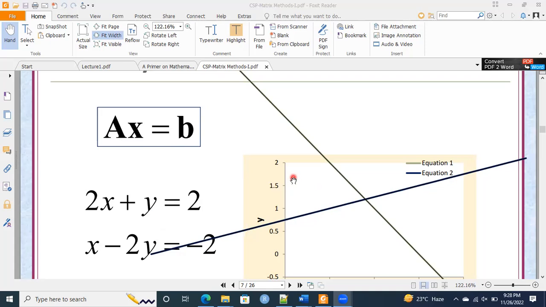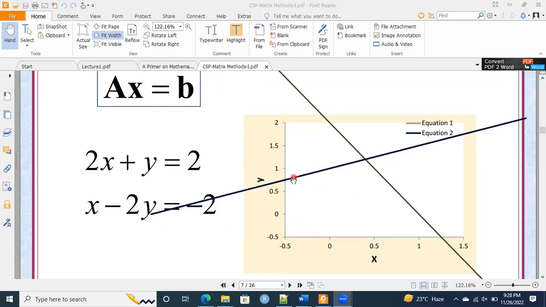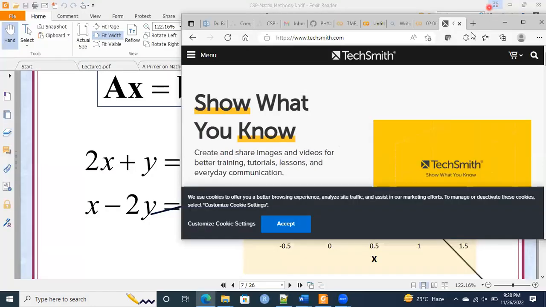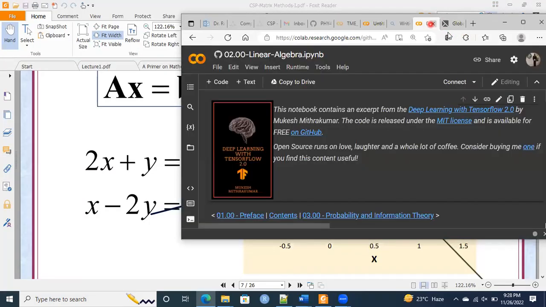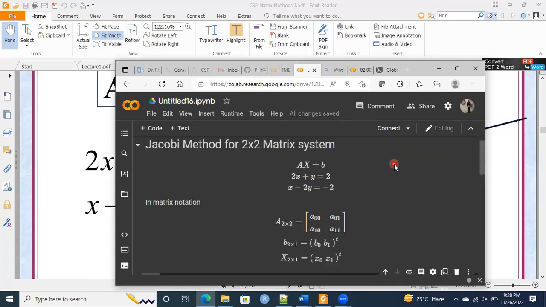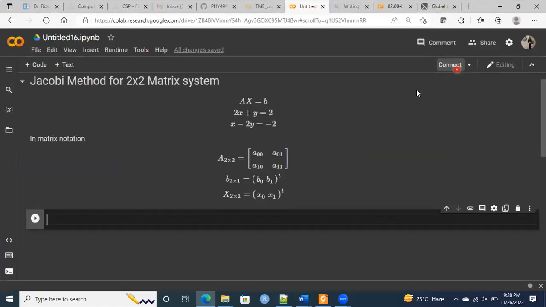So our objective is to attempt the Python program, and here we go. Okay, so I have a file, Python program.